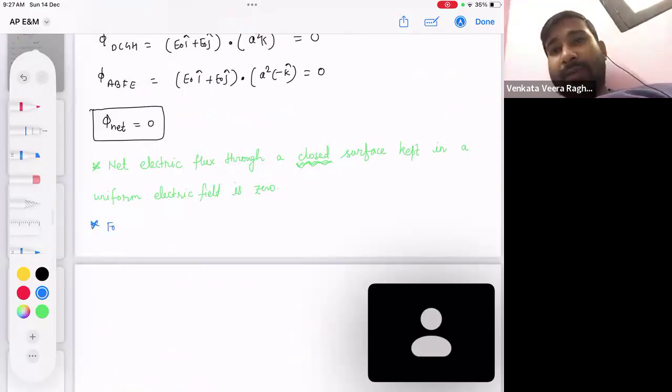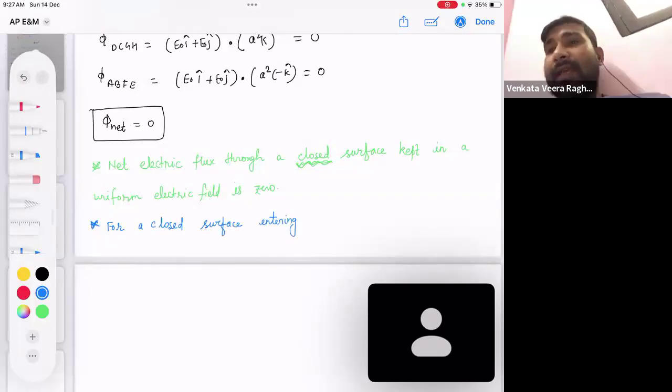For a closed surface, entering field lines or entering flux gives me what?